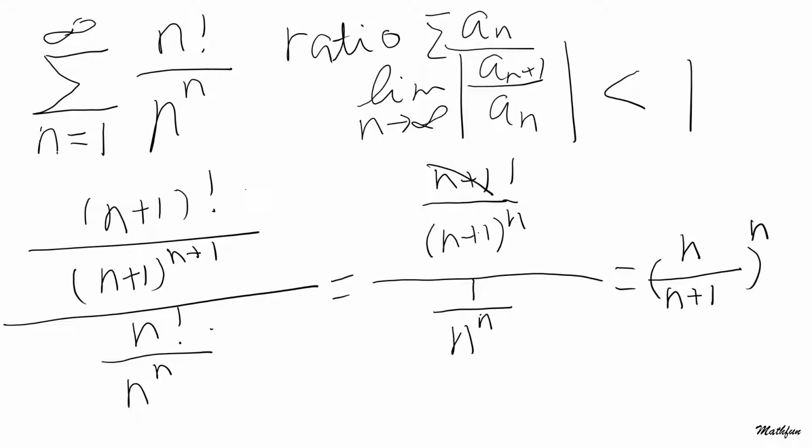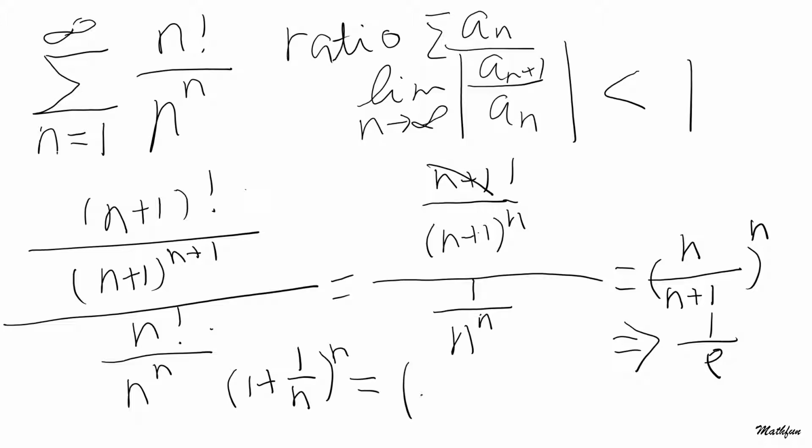Now this whole thing will approach 1 over e, as a matter of fact. And if you say, how is that possible? I could not see that. Well, we know the definition of e is in fact 1 plus the reciprocal of n, to the power of n, isn't it? And this equals what? This equals (n+1) over n to the power of n.